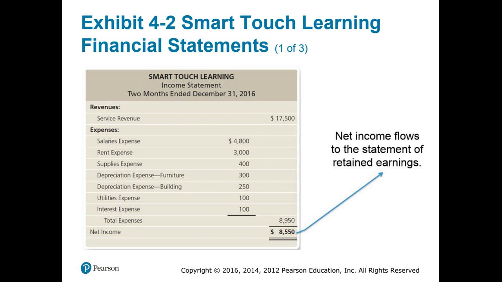So here we have our income statement. We know income statements hold our revenues and our expenses. And so we have our revenues listed first because that's the money coming in. And then we have our expenses listed second because that's the money going out.